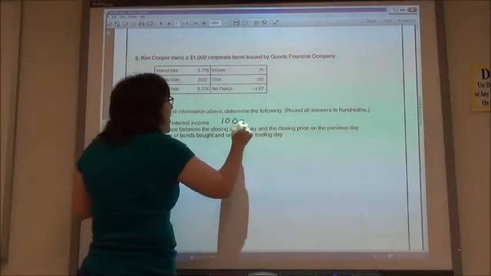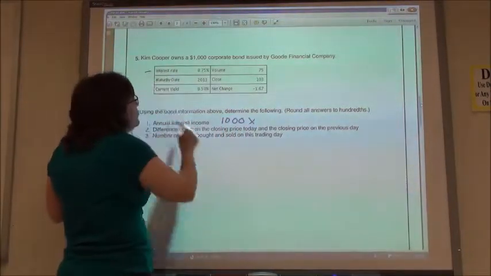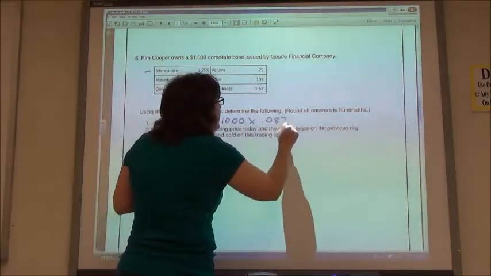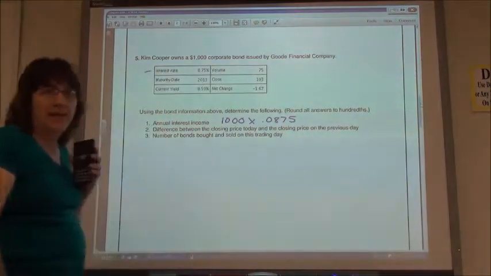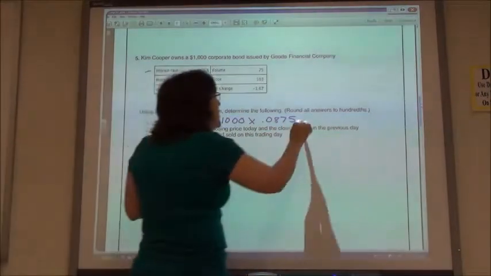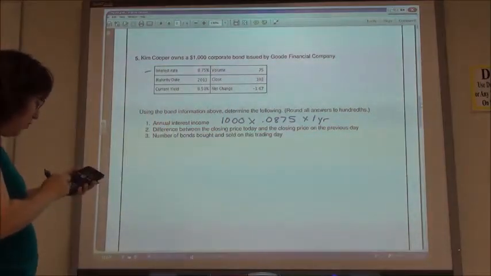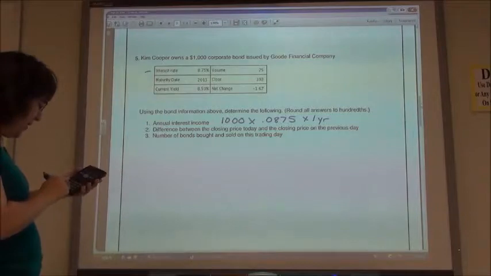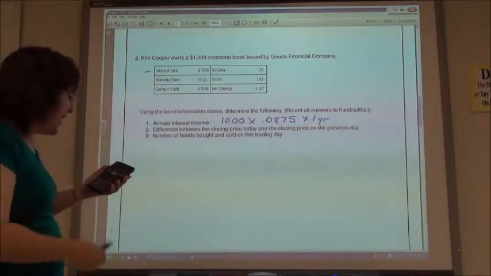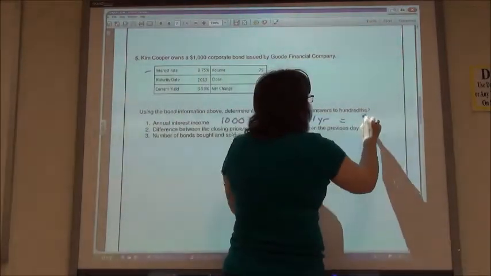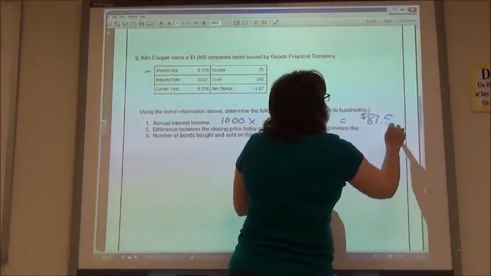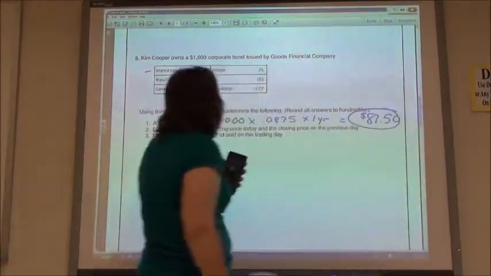We had $1,000 face value, we have an interest rate of 8.75, so 0.0875 as a decimal. It's going to be in there for 1 year since we're doing the annual interest. So 1,000 times 0.0875 times our 1 year means we would get $87.50 a year.